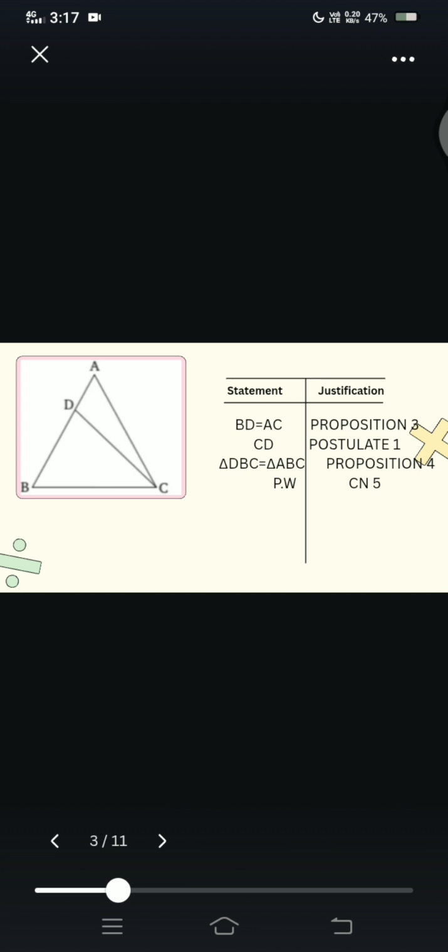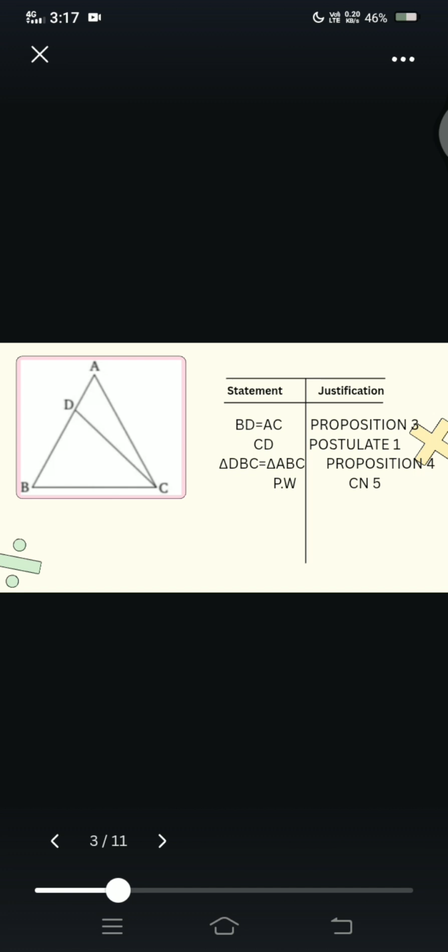And let's say that our triangle DBC is equal to triangle ABC, according to Proposition 4. And according to Common Notion 5, triangle DBC is a part of our triangle ABC.